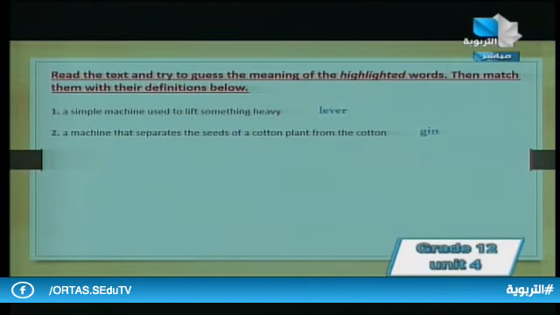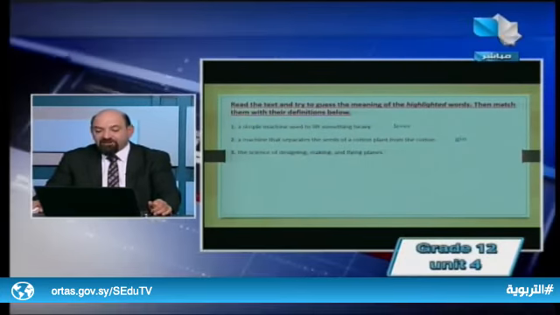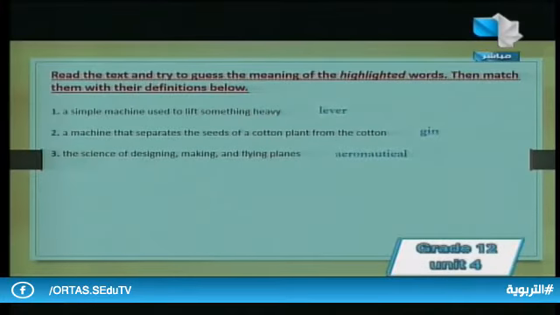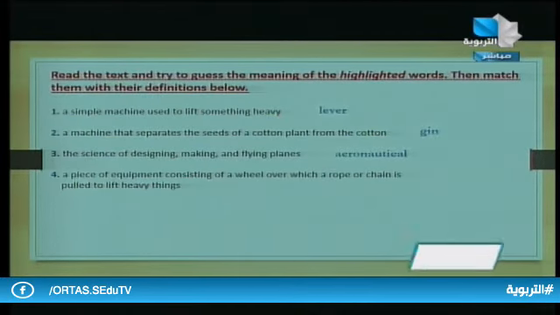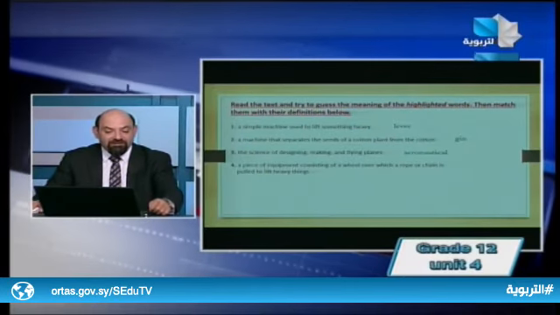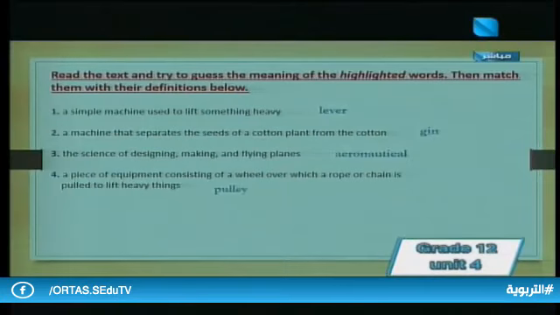Number 3, the science of designing, making, and flying planes, and this is aeronautical. If I want to define the word aeronautical, it's the science of designing, making, and flying planes. Good. Number 4, a piece of equipment consisting of a wheel over which a rope or chain is pulled to lift heavy things. This is the definition of the word pulley.